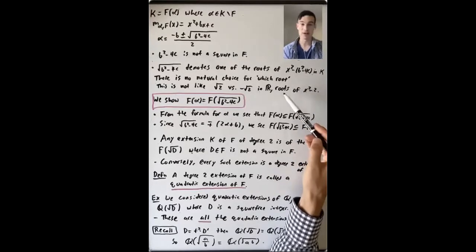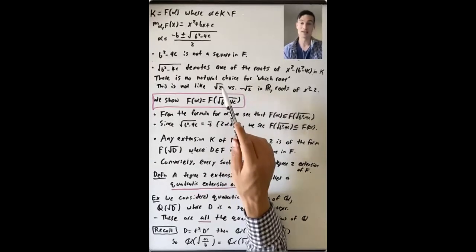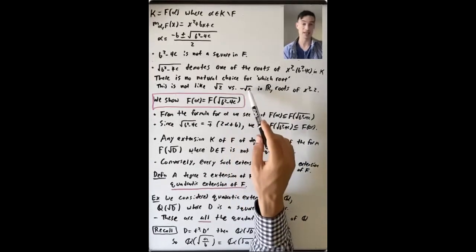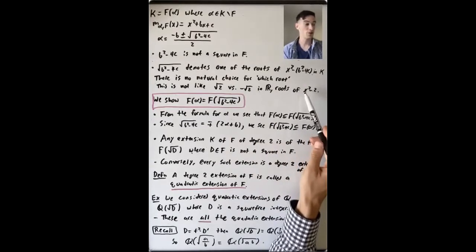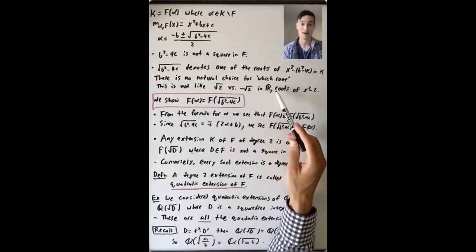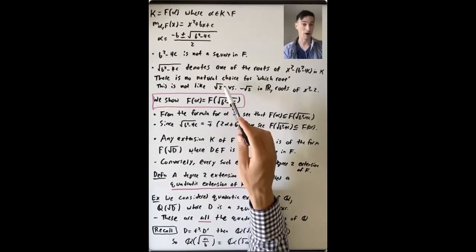This is different than what you might be used to from thinking about the real numbers. When we use a symbol like square root of 2 versus using negative square root of 2, we're not thinking of just square root of 2 being one of the two roots of the polynomial x squared minus 2 in the field R. We reserve this symbol square root of 2 to mean the positive one.